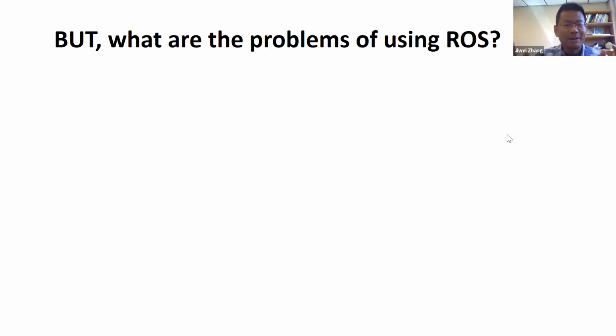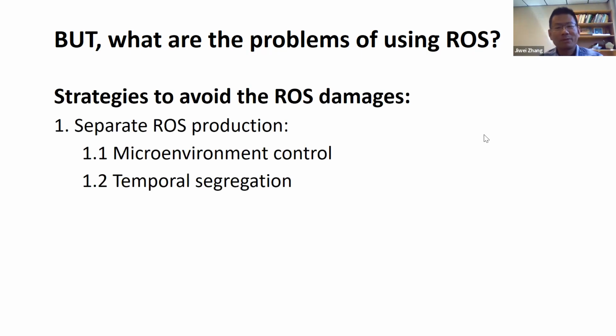Right. So this ROS aggressively damages all the polymers, right? These polymers also include the cell structures and enzymes. That means these ROS can cause self-harm.